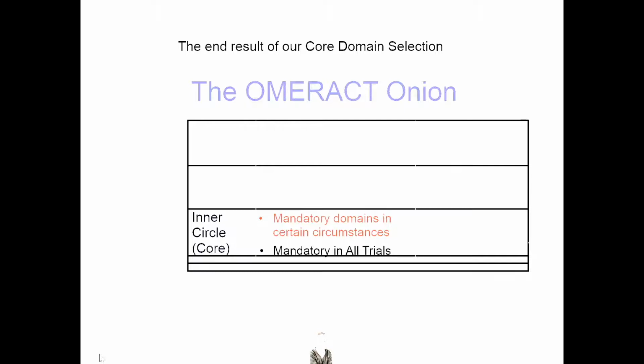If you test a new drug for the entire group, it might not be relevant or justified to also measure a symptom that only a small group of patients is confronted with. So, to acknowledge the importance of that domain for the subgroup, we introduce mandatory domains in certain circumstances.